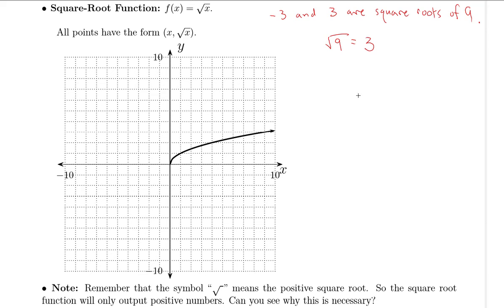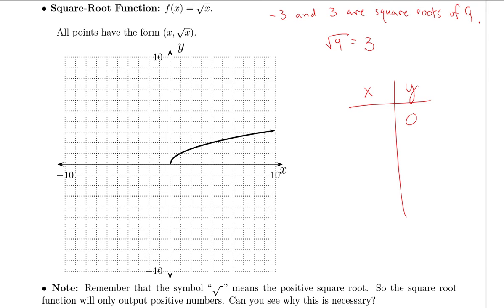Now, when you make the table for this, you actually want to do it backwards of the way we did it for y equals x squared. With y equals x squared, we started with the x and saw what y popped out. Here, because the square roots of lots of numbers aren't pretty, what we want to do is start with y values and then square those y values to get the x that it came from.